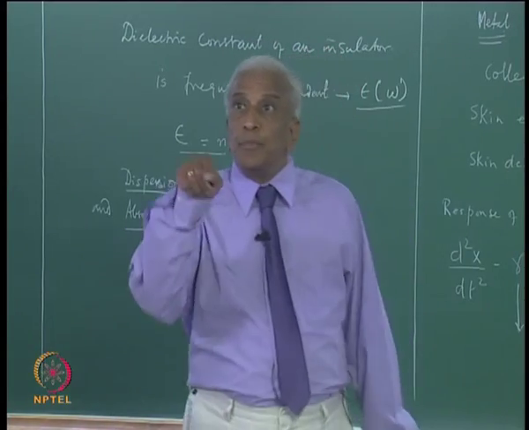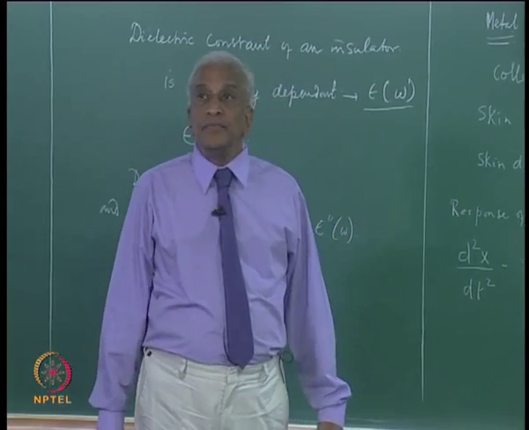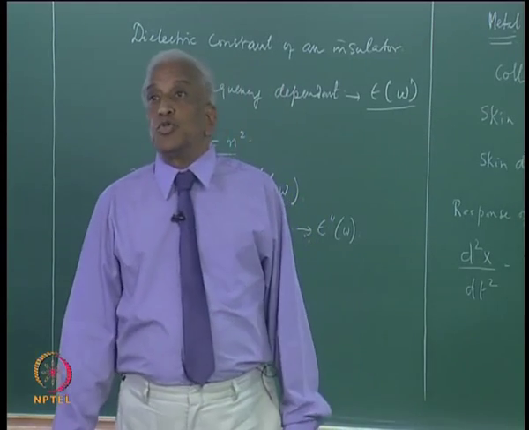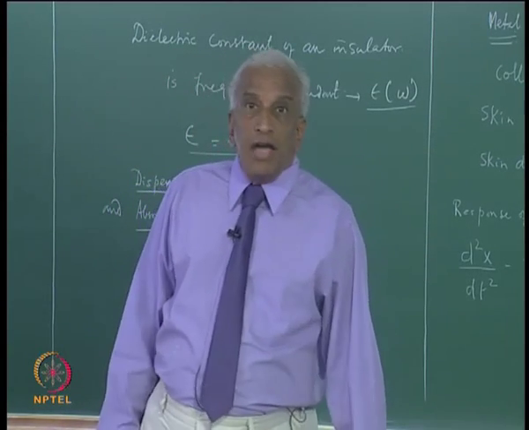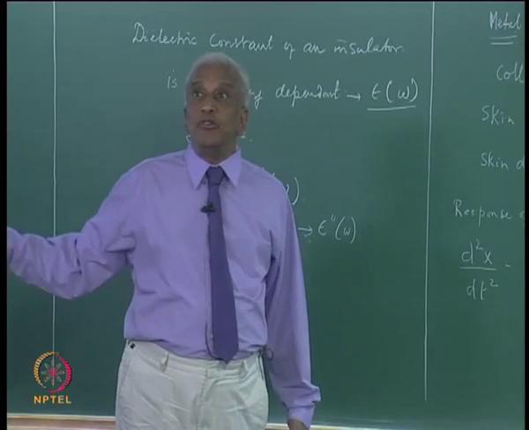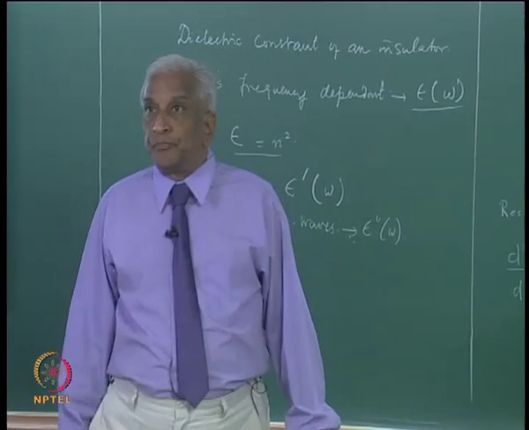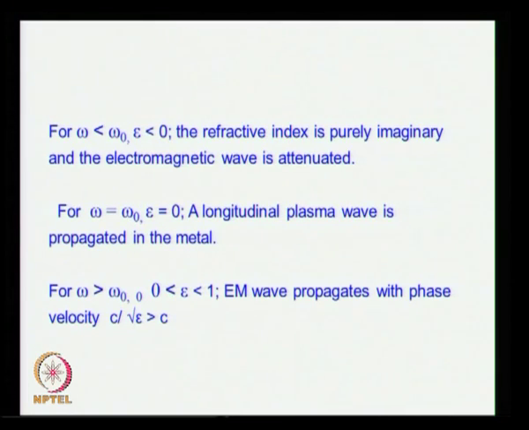When the frequency approaches the plasma frequency, the dielectric constant approaches 0, and you have a longitudinal plasma wave which is propagated in the metal. And for frequencies higher than the plasma frequency, the dielectric function varies from 0 to 1, and this is the usual behavior in which the electromagnetic wave propagates with a phase velocity given by c by root epsilon.